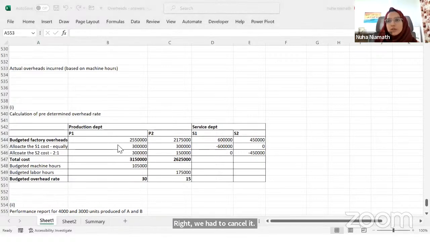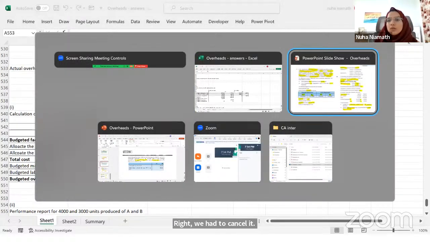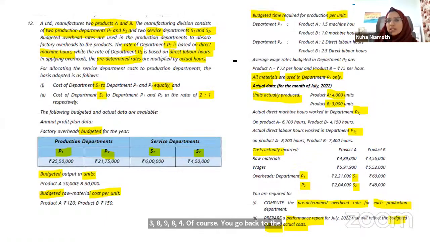rate for absorption. If you go back to the question, the second thing it's asking us is to prepare a performance report for the budgeted costs and the actual costs. So now we need to find the actual costs and the budgeted costs for the actual outputs. We have 4,000 units and 3,000 units produced.